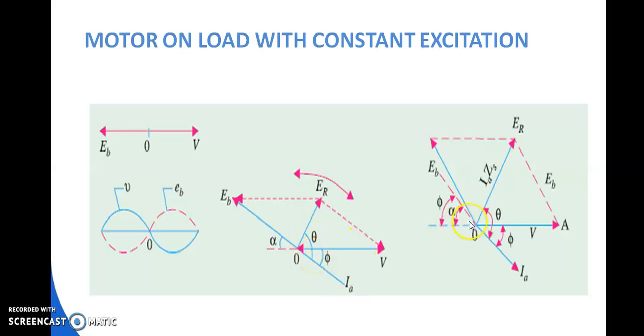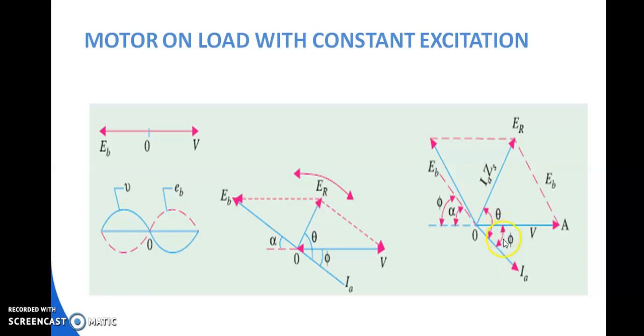Here we can see the origin, the supply voltage, the generated current, and here we can see the EB has shifted. This is the previous EB, previous phi. Now, according to the shifting of this EB, due to change in the load, there is a more gap between voltage and current.